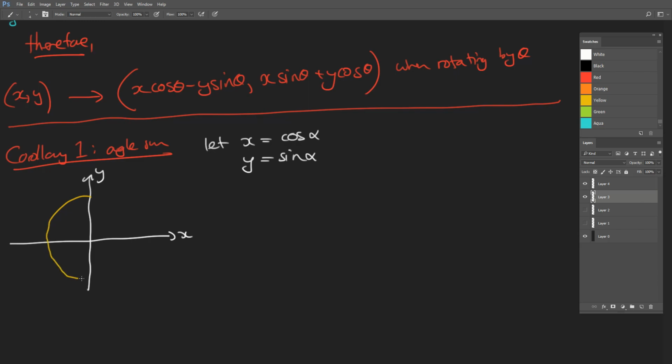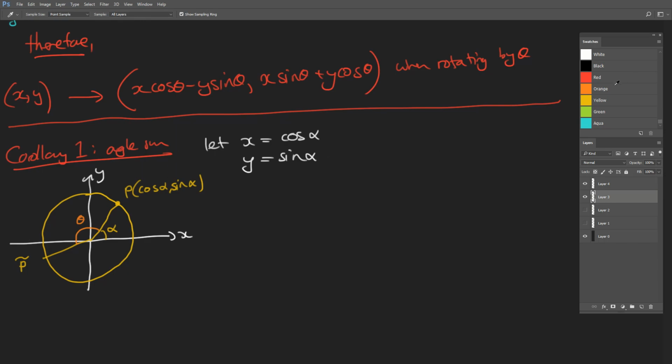So note that x and y will in fact lie on the unit circle. So x and y are the coordinates of p. And since it lies on the unit circle, this angle is going to be alpha. And then we're going to rotate this by an angle of theta to get our new point, p tilde.